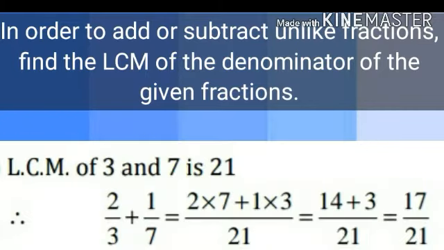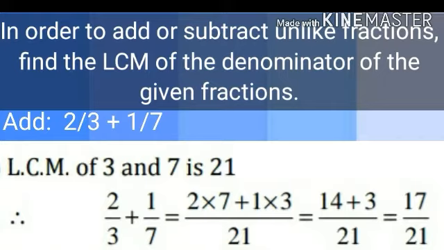We have a second method to subtract and add unlike fractions. So first we have to take the LCM of the given fractions. 2 upon 3 plus 1 upon 7. LCM of 3 and 7 is 21 and we write 21 as a denominator and then divide 21 by 3, the denominator of the first fraction. We get 7 and multiply it by the numerator of the first fraction.